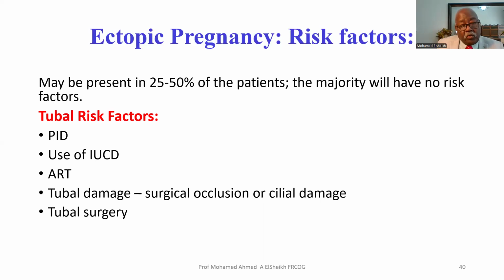In the past, for infertility due to tubal blockage, we used to do tubal surgery. We open the tubes or we do salpingolysis. We take the adhesions from around the tube. That used to be the management in the past. Nowadays, for blocked tubes, we go for assisted reproductive technology more than tubal surgery. Tubal surgery has been noted to be accompanied with risk of ectopic pregnancy. Then salpingitis isthmica nodosa. All these are tubal factors.